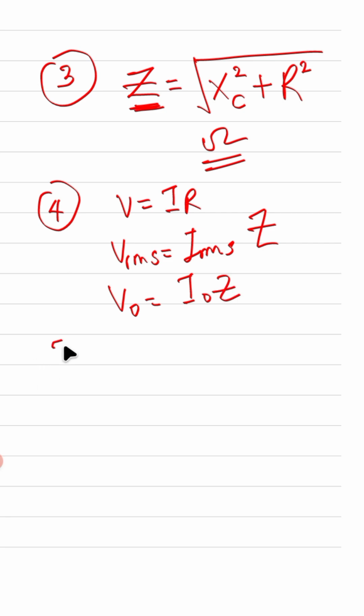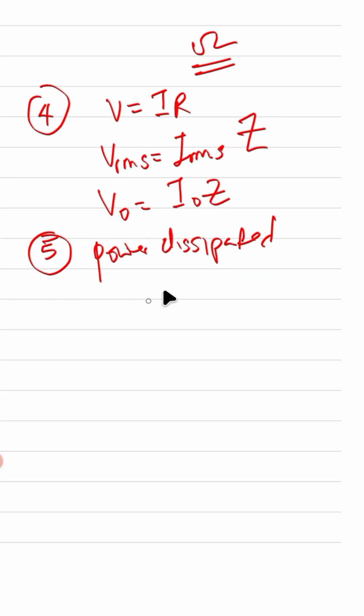The next thing that they will ask you for is the power dissipated. I told you that nothing concerns the capacitor and power dissipated. It's always the resistor. So take note, average power: you just do your I squared R, but the I you are going to use here is IRMS.